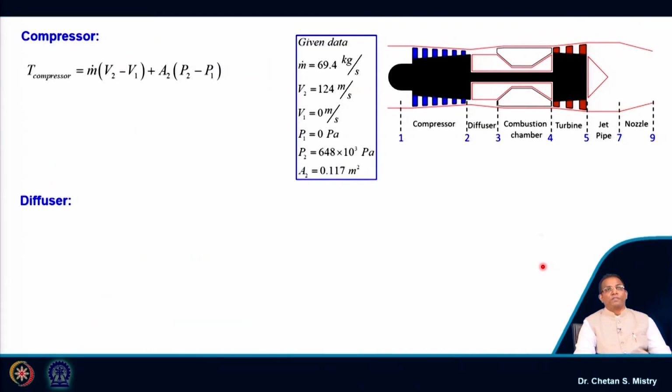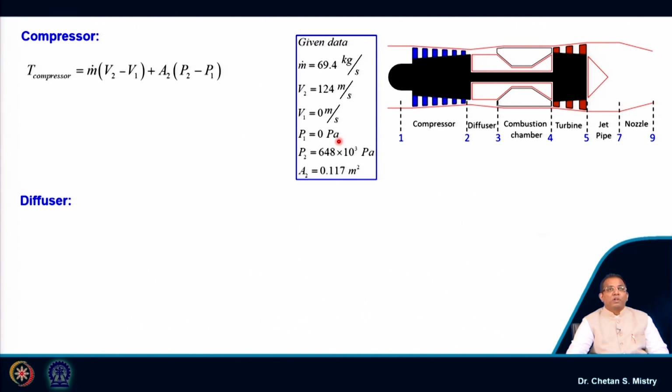The very first component we will be selecting is my compressor. For that we can write down, it is given by m dot into V2 minus V1 plus A2 into bracket P2 minus P1. Here this is representing my stations 1, 2, 3, 4, 5 and 9.